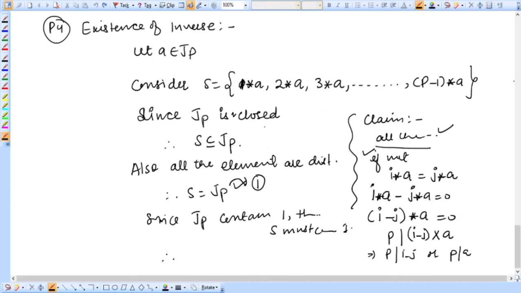Therefore let us assume that element is k. Then k star a must be equal to 1, because there must be some element in S which is equal to 1. Therefore we can say k is the inverse of a, right?